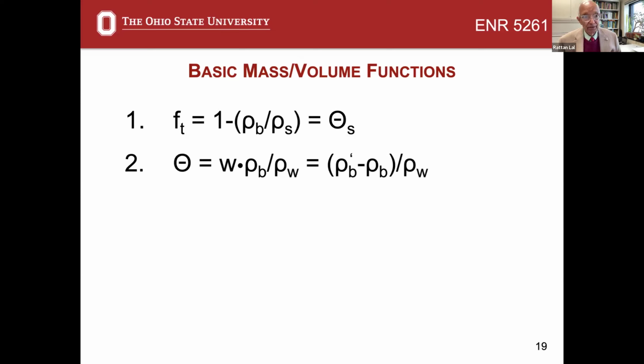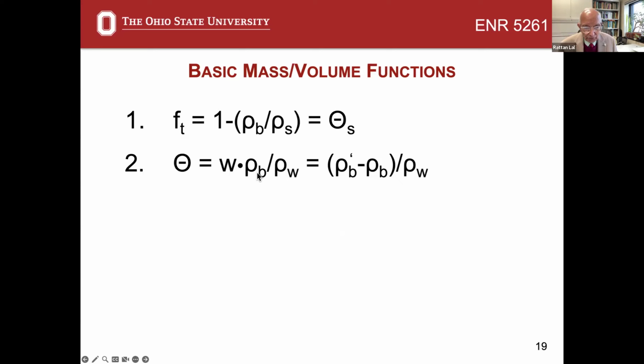We calculate volumetric water content from gravimetric water content, that is mass of water over mass of solid, times ρb over ρw. That's a ratio of soil density to density of water, which, by the way, from your physics is the specific gravity of soil.